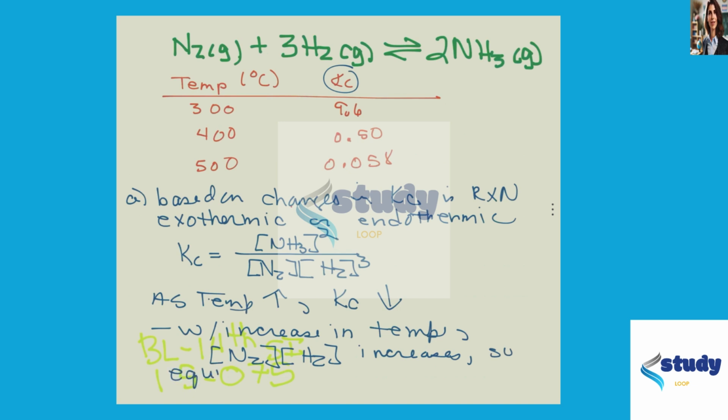So we know that the equilibrium shifts left. And if the equilibrium shifts left when the temperature increases, then we're looking at an exothermic reaction. So we know that it has to be exothermic.